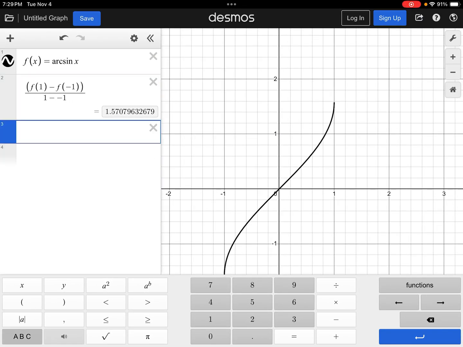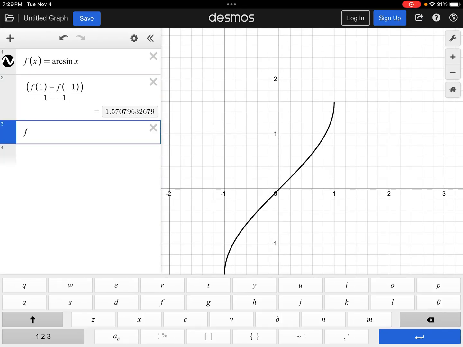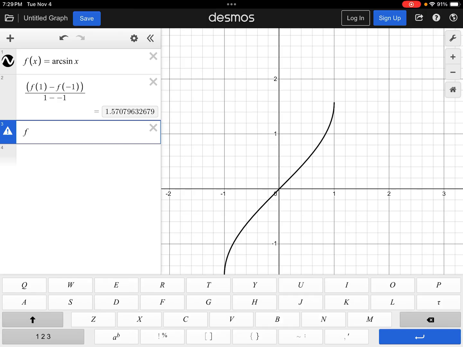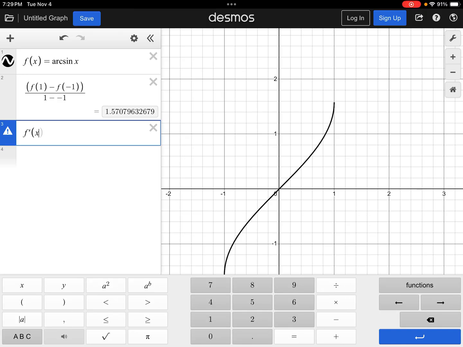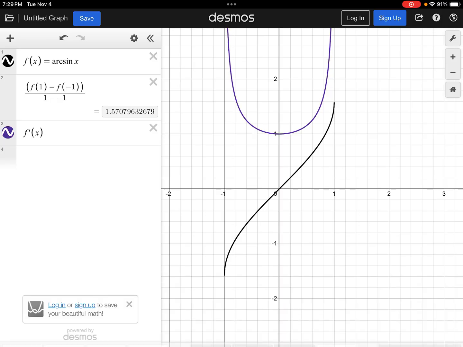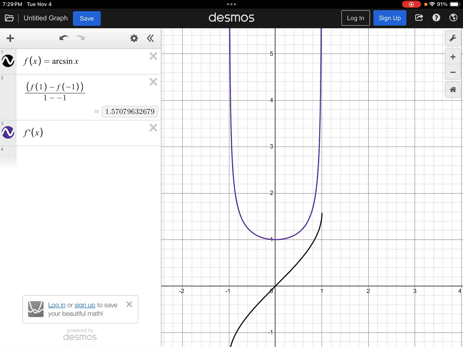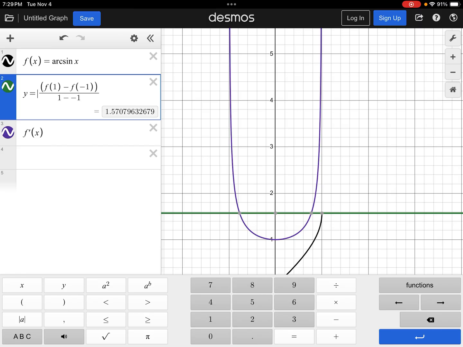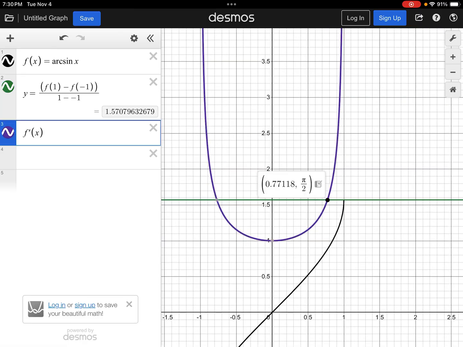I'm just going to type in f prime of x. So I have my f prime of x given there. And then I'll go up here and say y equals that, which will turn it into a function. And then I'll look for the intersection.